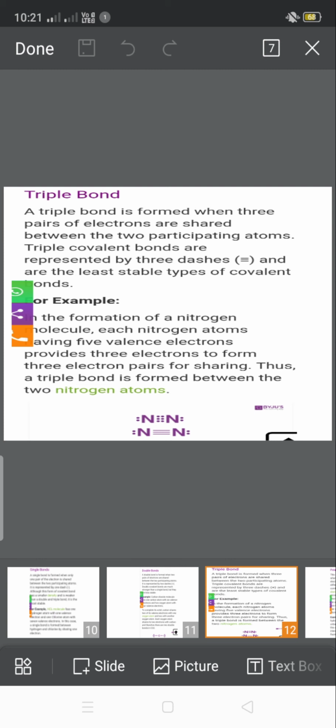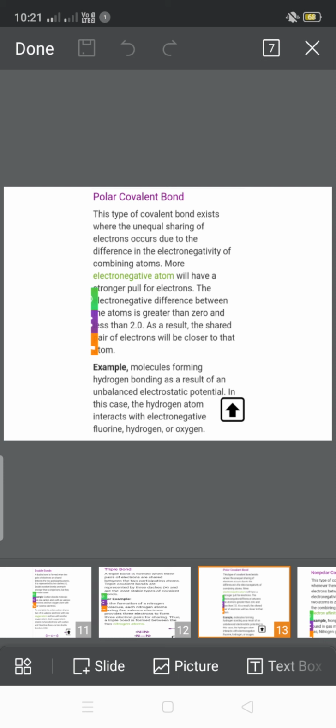Polar covalent bond. This type of covalent bond exists where the unequal sharing of electrons occurs due to the differences in the electronegativity of combining atoms. The more electronegative atom will have a stronger pull on electrons. The electronegativity difference between the atoms is greater than 0 and less than 2.0.